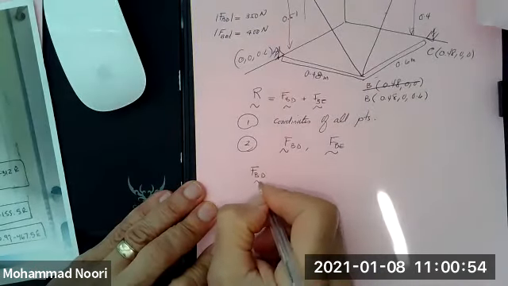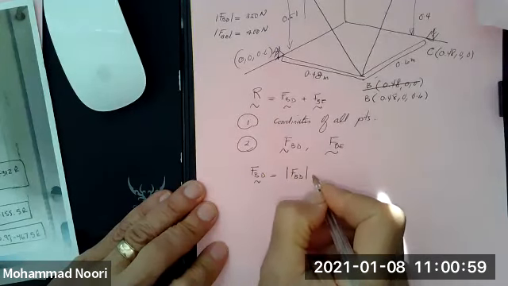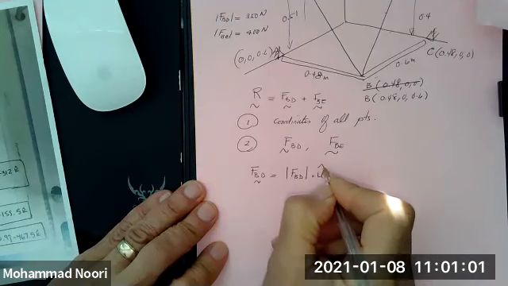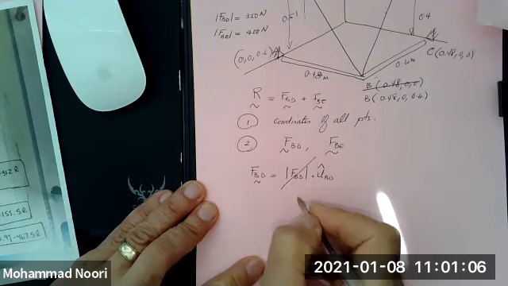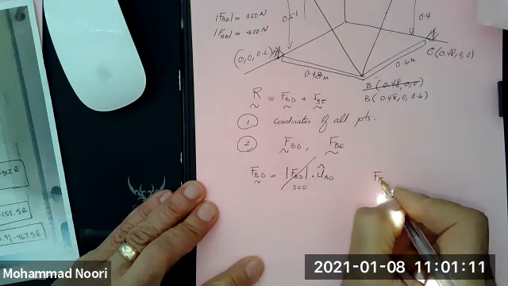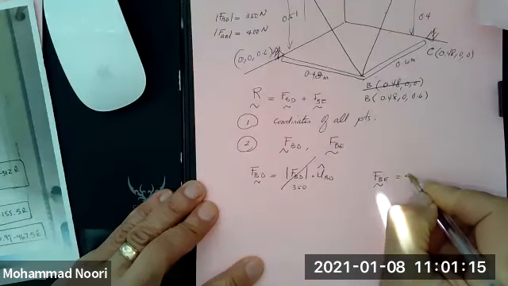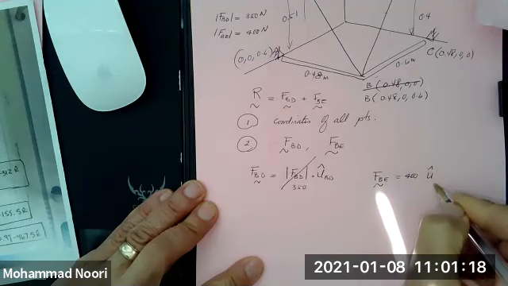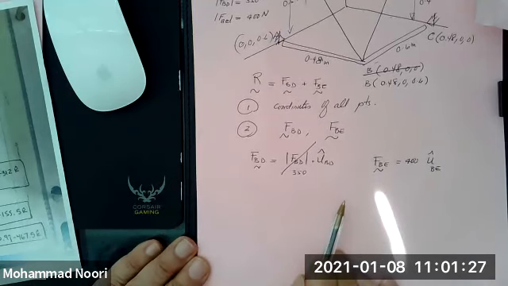Force of BD would be magnitude of FBD times the unit vector of BD. This is given, BD is 350. And the vector equation for BE would be 400 times the unit vector along BE.